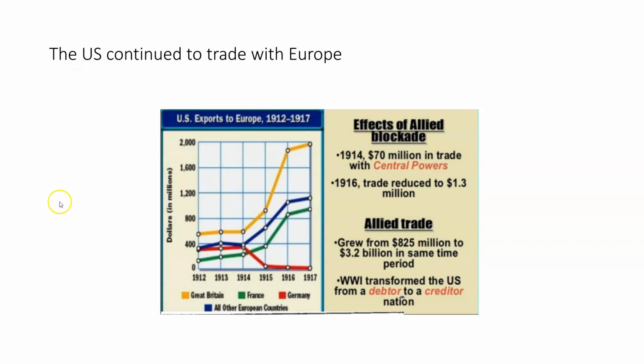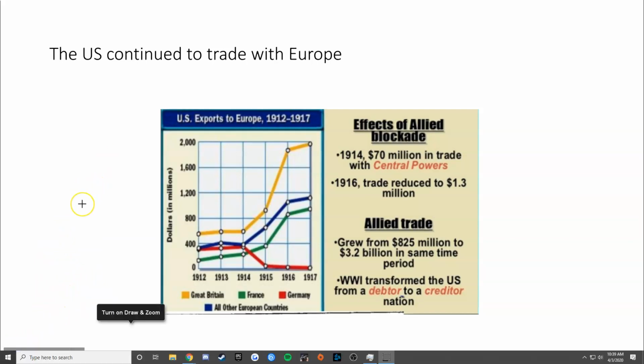So just taking a look at this chart right now, we can see some of the trends that are going on. Looking at this chart, we should notice something dramatic that happens around 1914, between 1914 and 1915, right around here.